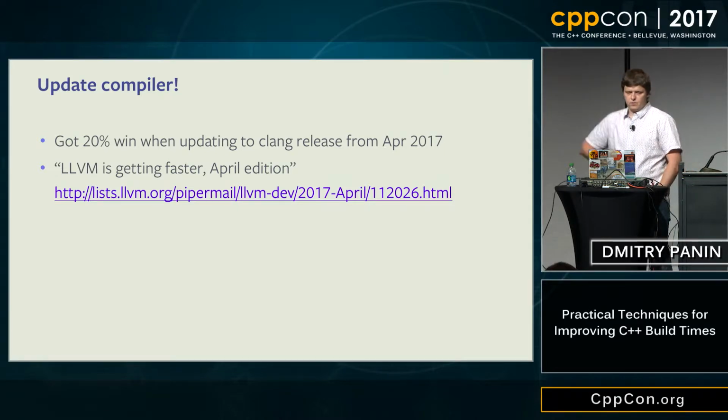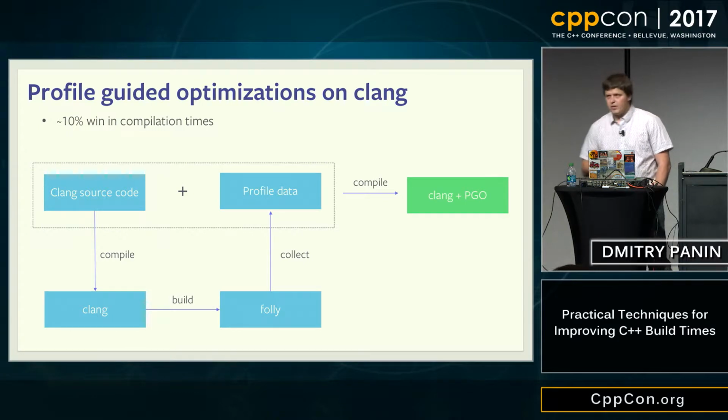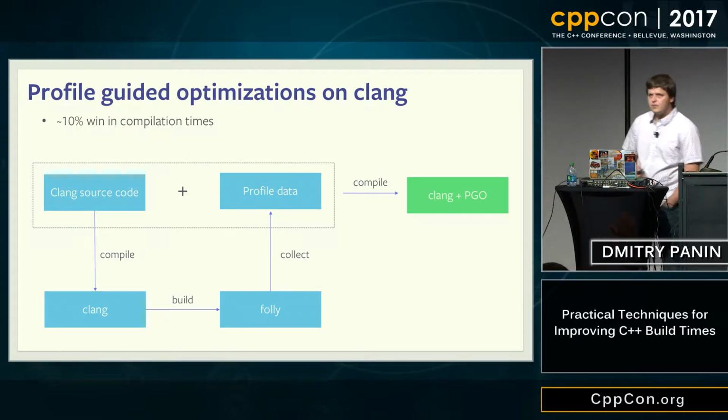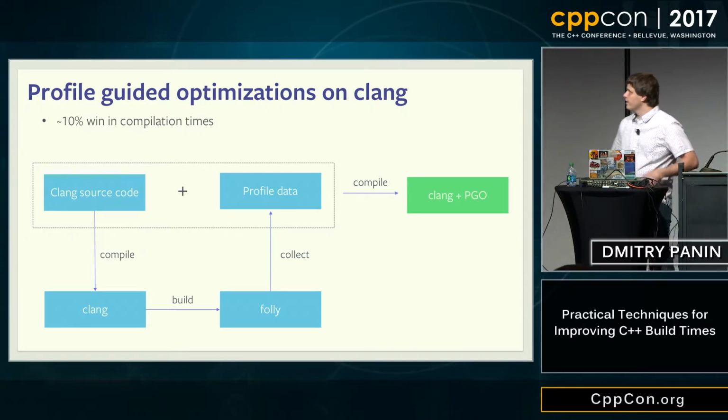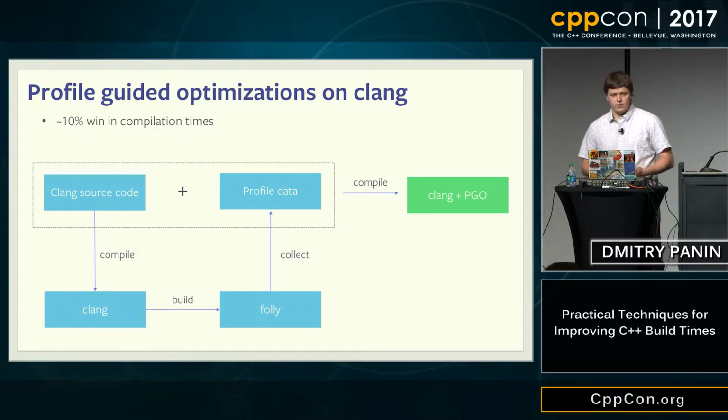Okay, so what else can you do with the compiler? There is this thing called profile guided optimization. How many of you have heard this term before? Nice, okay. We got about a 10% win in our compilation times by using profile data when we build our Clang compiler.